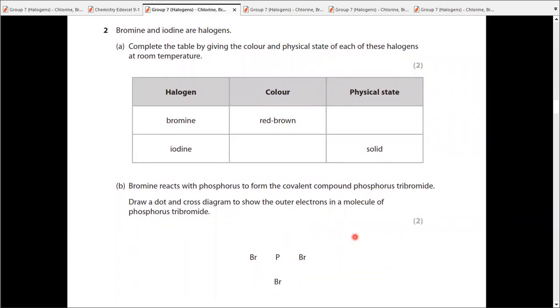Perfect. And iodine it will be solid. The color for iodine will be gray solid. Good. Gray solid. All right.